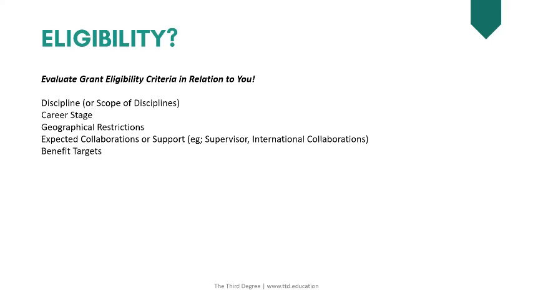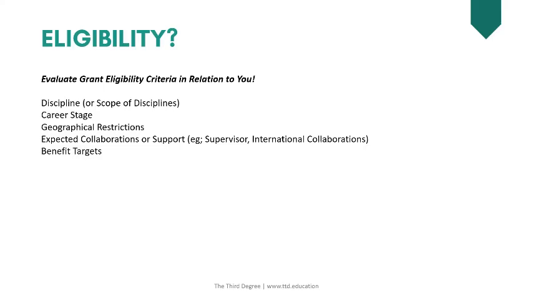Yes, that's great. Or it might be, we want collaborations between 2 or 3 different geographies. Or, for the PhD candidate, it might be, we expect you to collaborate with your supervisor so that we have some added assurance of how this is going to progress.